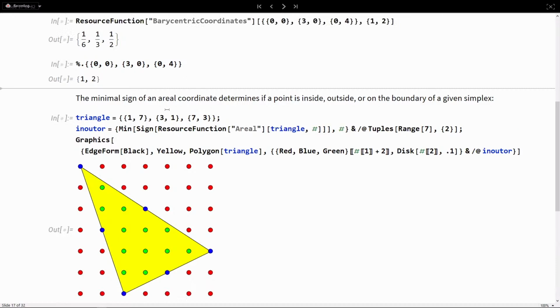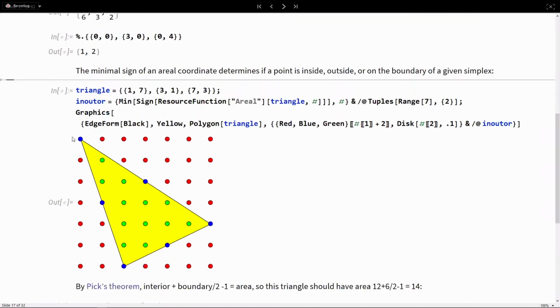The minimal sign in areal or barycentric coordinates determines if a point is inside, outside, or on the boundary of a given simplex or triangle. So here we have a triangle in yellow. The blue points are on the edge, the green points are inside, and the red points are outside.